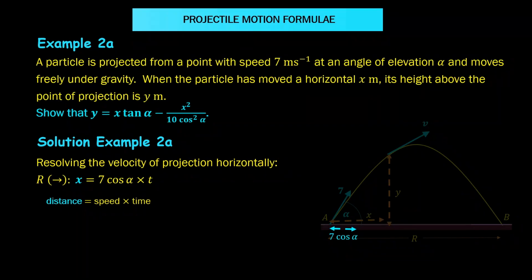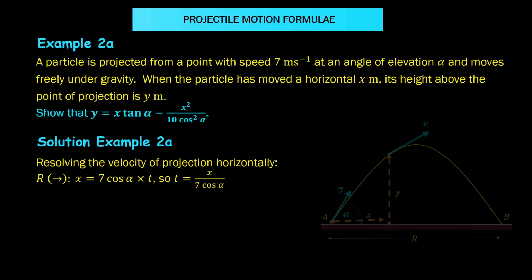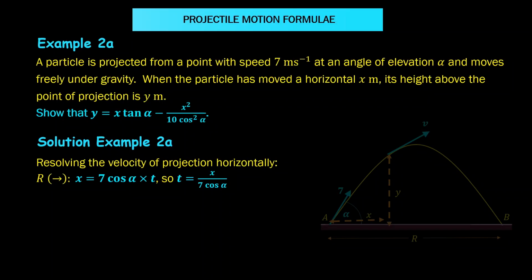And so we have that distance, x, equals 7 cos alpha, the speed, times time t. And therefore we have that t equals x over 7 cos alpha.